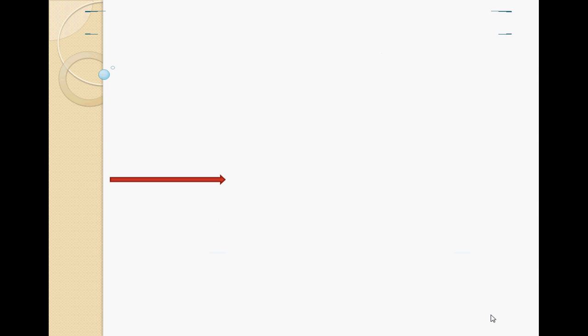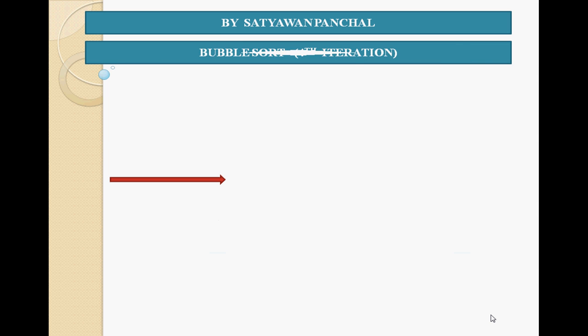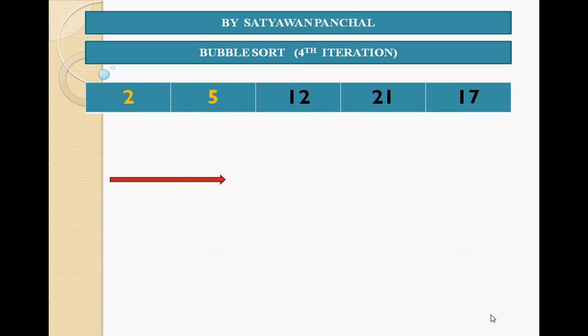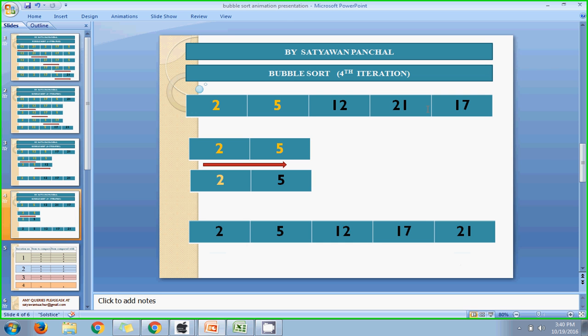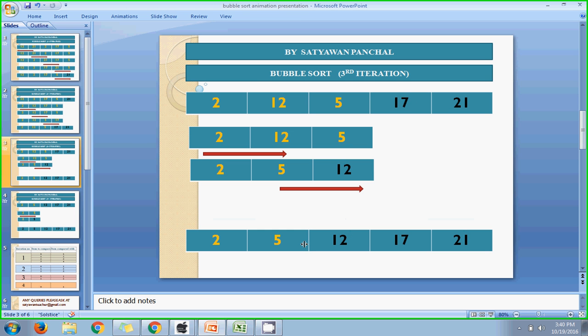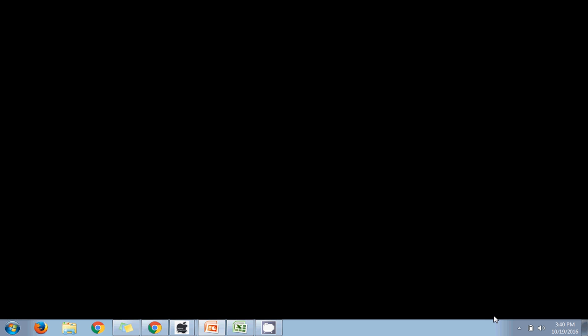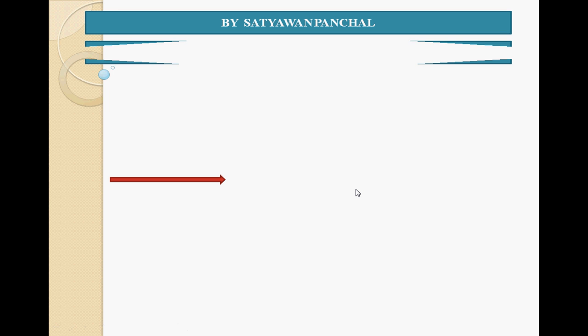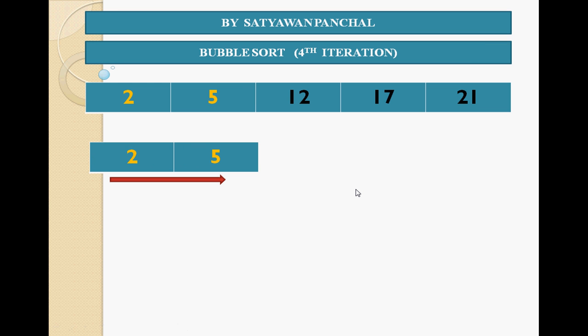Now next we proceed with the fourth iteration. Here we have the elements in the fourth iteration. If you see here, elements 12, 17 and 21 are fixed, and in the next iteration only the last element is left, that is 2, which is compared with 5, and 5 is already heavier.